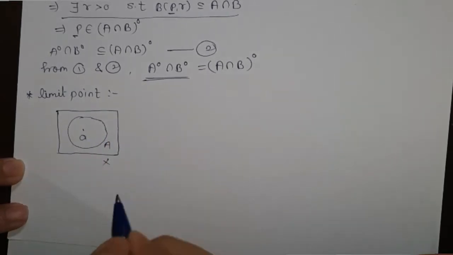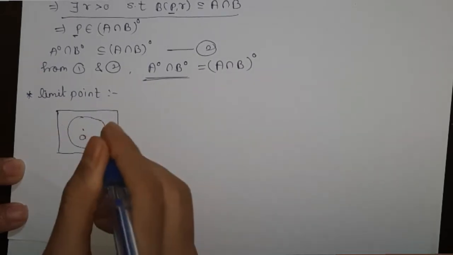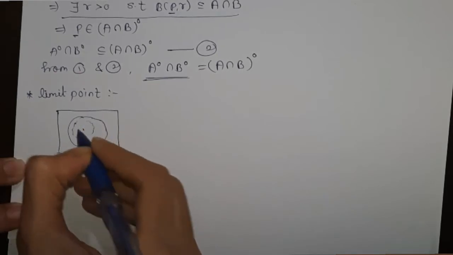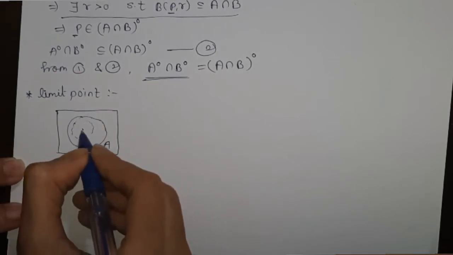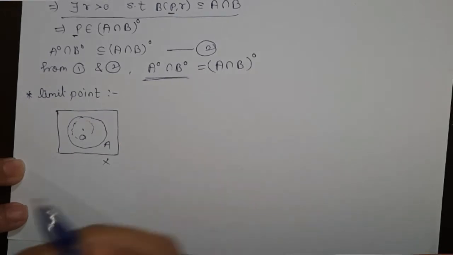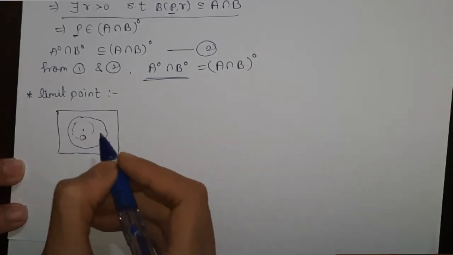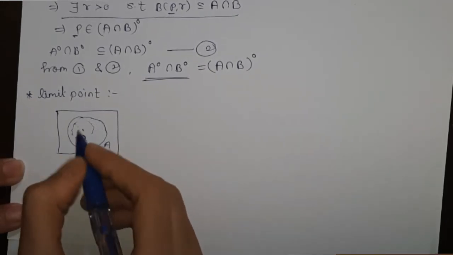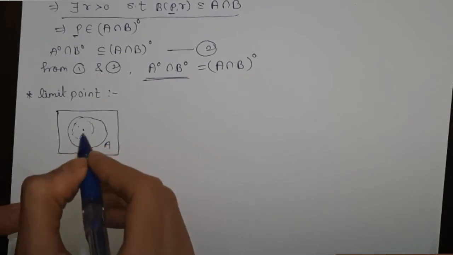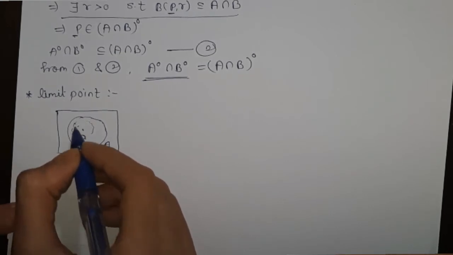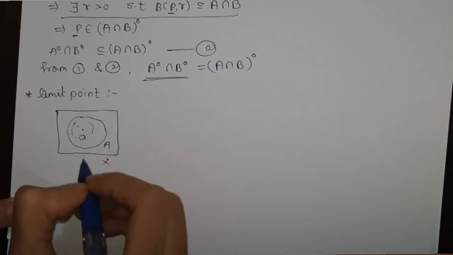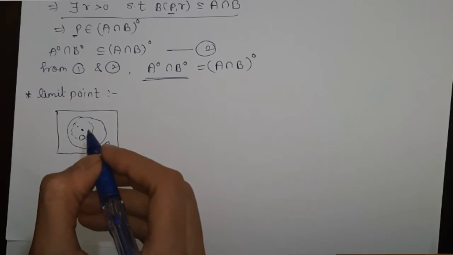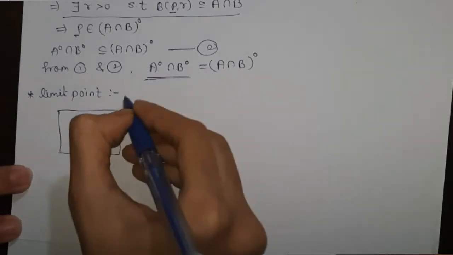This a is said to be a limit point of this A when we draw a ball around it and we remove this a, and after removing this a we still have one more point in this ball. At least one point we should get. If we get that point other than a, then this a is said to be a limit point of this A.